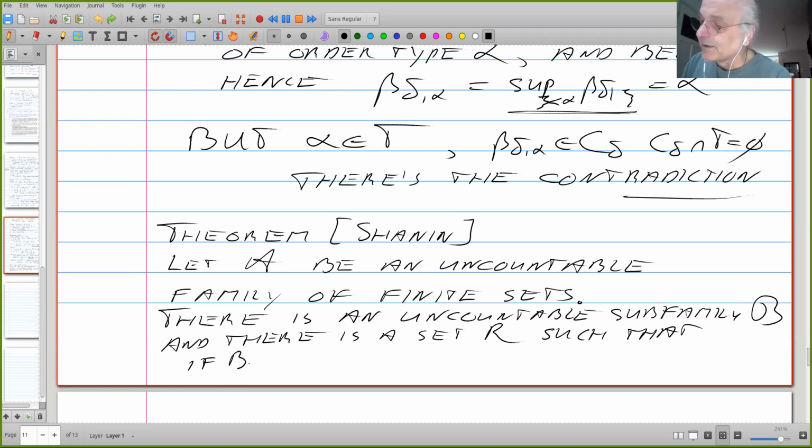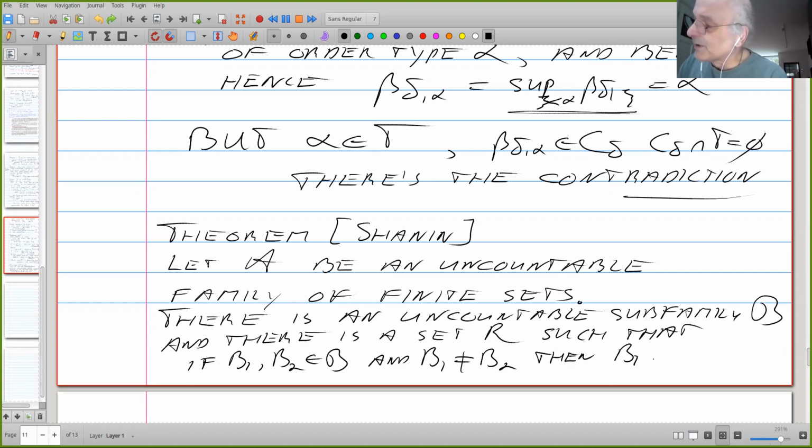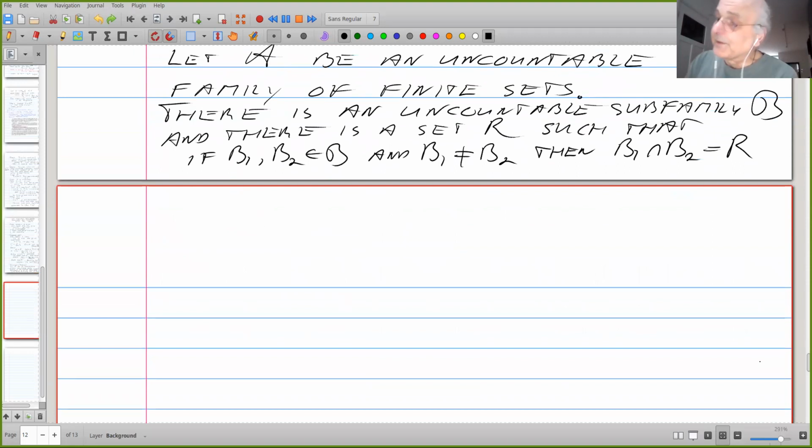if B1 and B2 are in B and B1 is not equal to B2, then B1 intersect B2 is equal to R. And here is the picture.